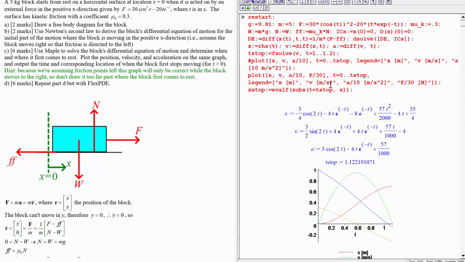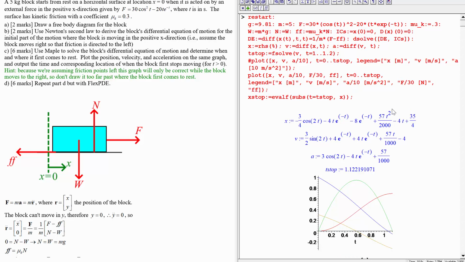Let's plot the friction force too, also divided by 30 to put it on the same scale. ff over 30 in newtons. Close that string, and then we should have it.